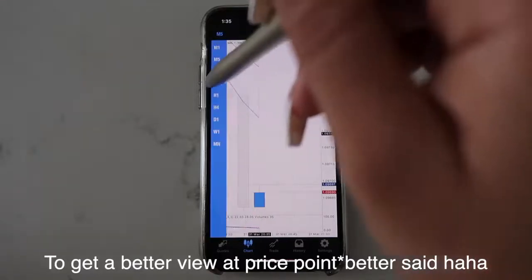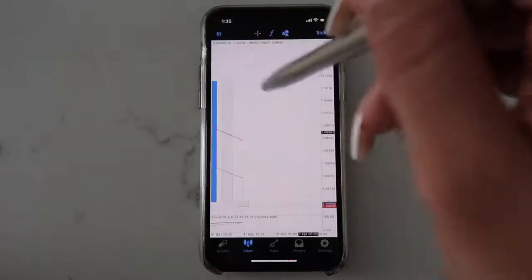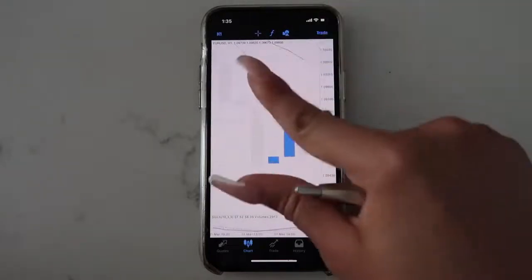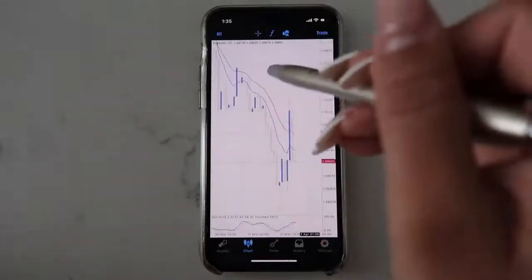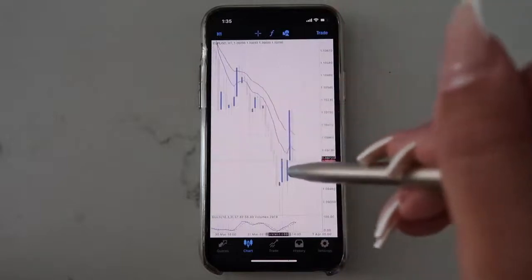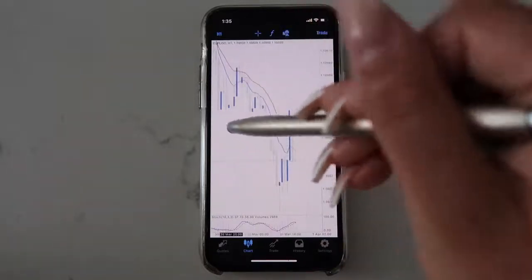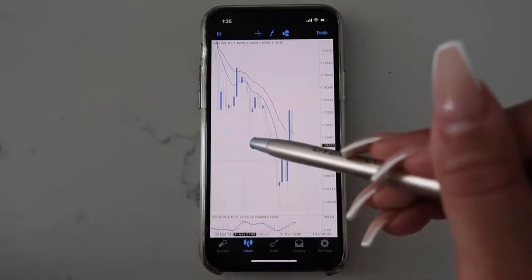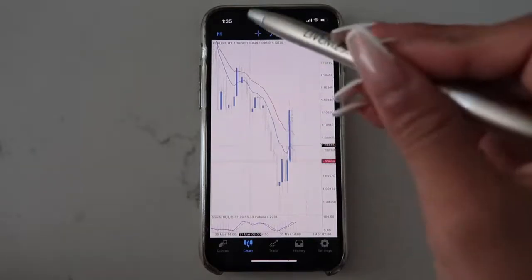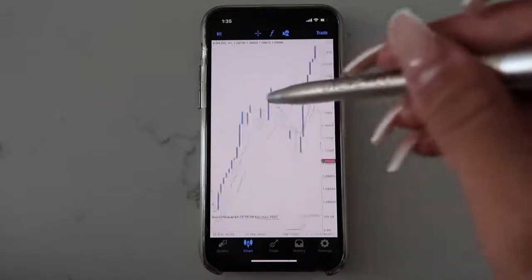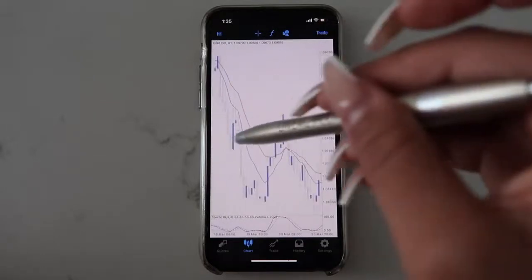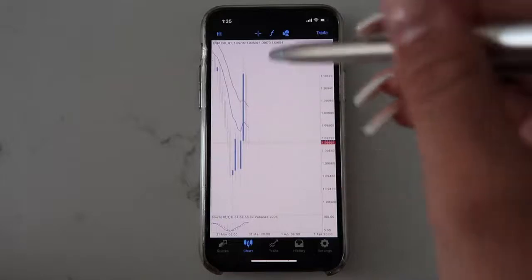Your chart will freeze, and if you want to point at something, you would use your crosshair for that. Then you would unclick it so you can scroll. You can scroll back or you can scroll left.